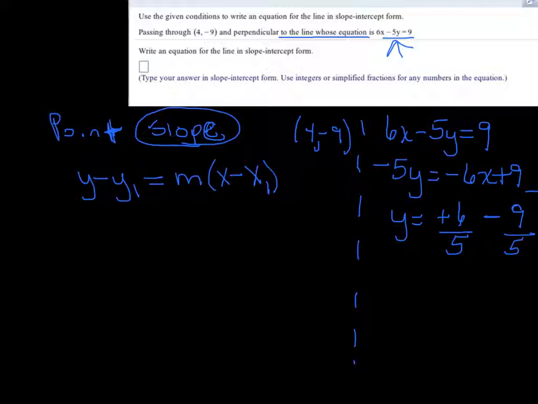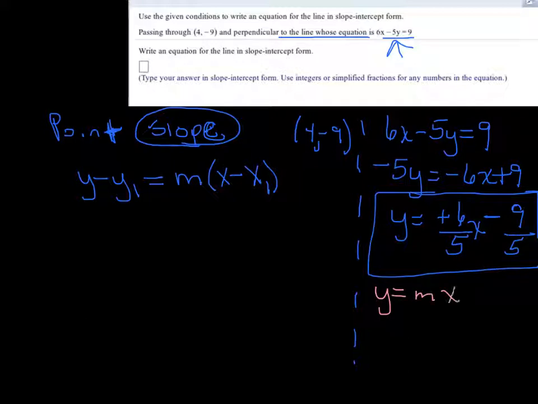But anyhow, I left my x out, this is the equation of the line they gave us in slope-intercept form. The reason we want it in that format is because slope-intercept form, y equals mx plus b, helps us easily identify the slope of the given line. So we know the slope of the line they gave us is 6/5.